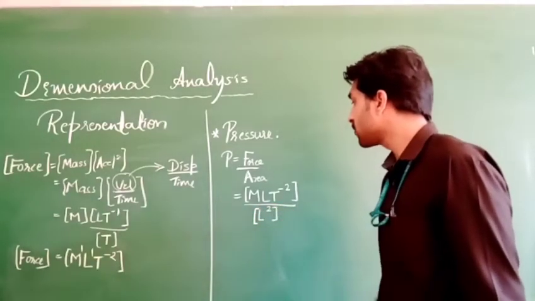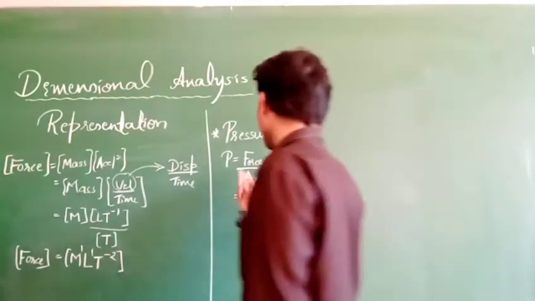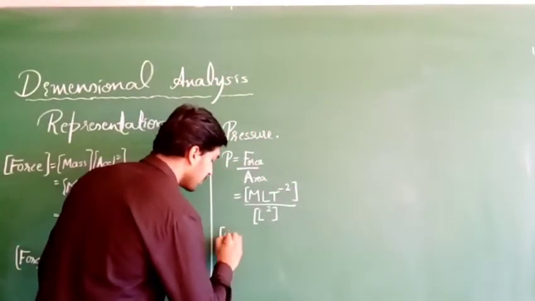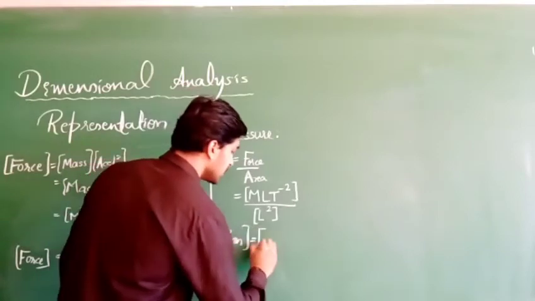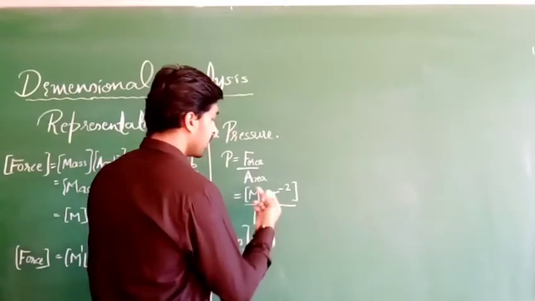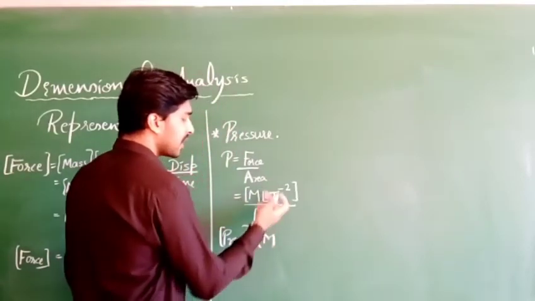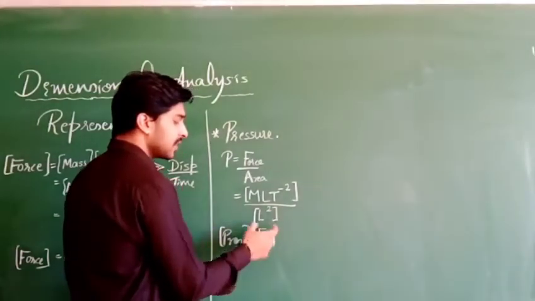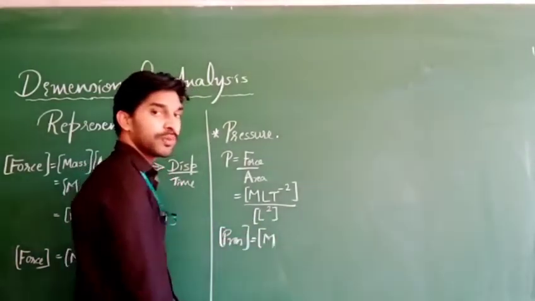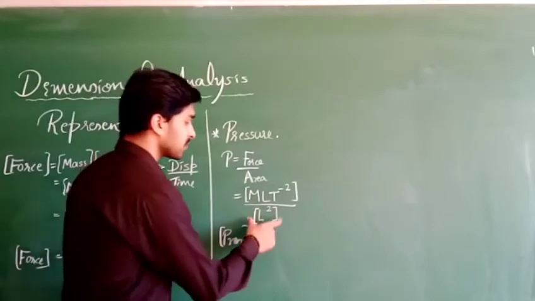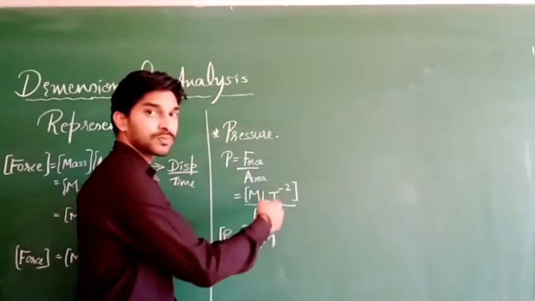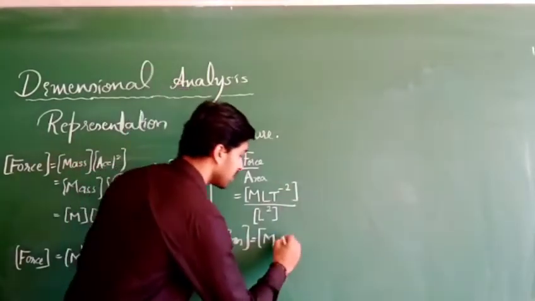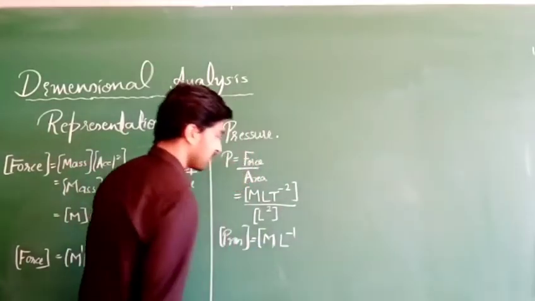Clear? So finally, the dimensional formula for pressure can be written as M as it is. Now here L power 1 we are having, here L power 2 we are having. This L power 2 I am shifting to the numerator, it will become L power minus 2, correct? Now L power 1 and L power minus 2, 1 minus 2, how much will it be? L power minus 1, clear?